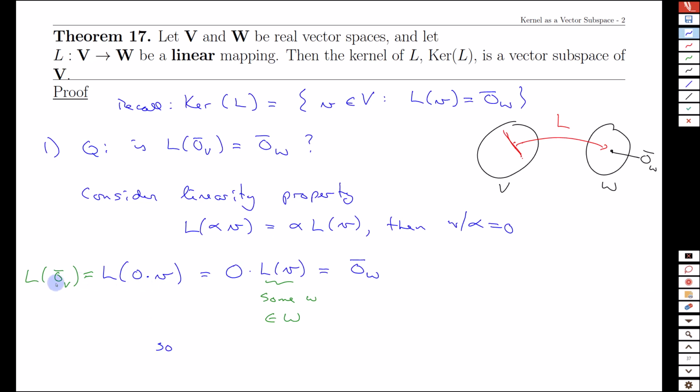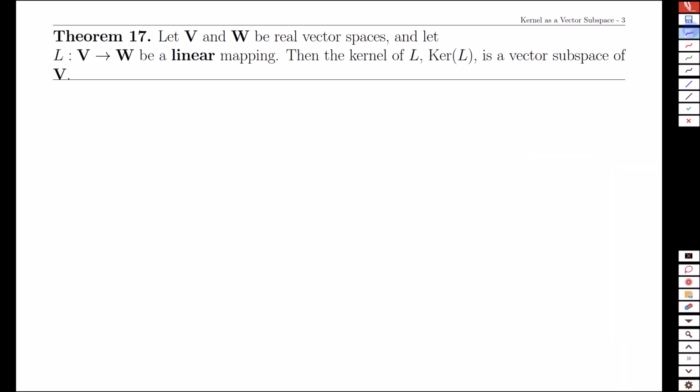So 0 vector in V maps to the 0 vector in W, so the 0 vector in V is an element of the kernel of L. Somewhere in here, we have the 0 vector in V, and it is always going to map to the 0 vector in W, no matter what. Next up, condition 2, closed under addition.